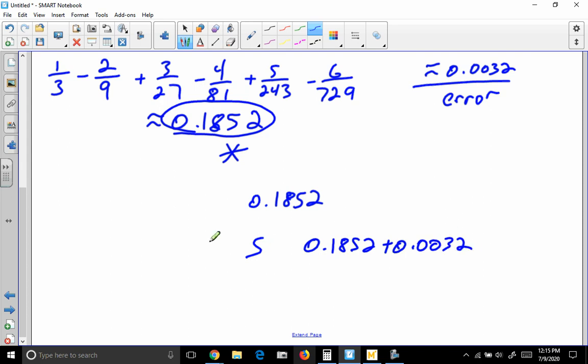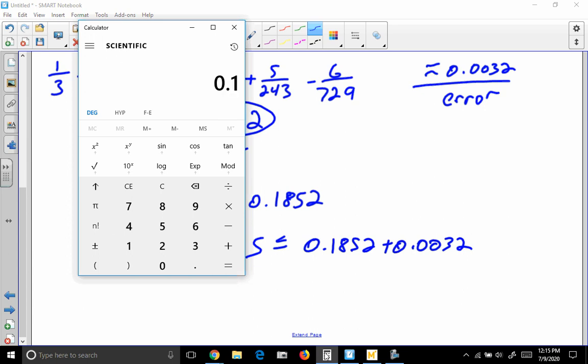If it's smaller than that, it's going to be 0.1852 minus the error. We don't know if our distance from the actual value is going to be more than that or less than that. So this is how far it is. We don't know if our sum is going to be bigger or smaller. So our actual sum is somewhere in between there.